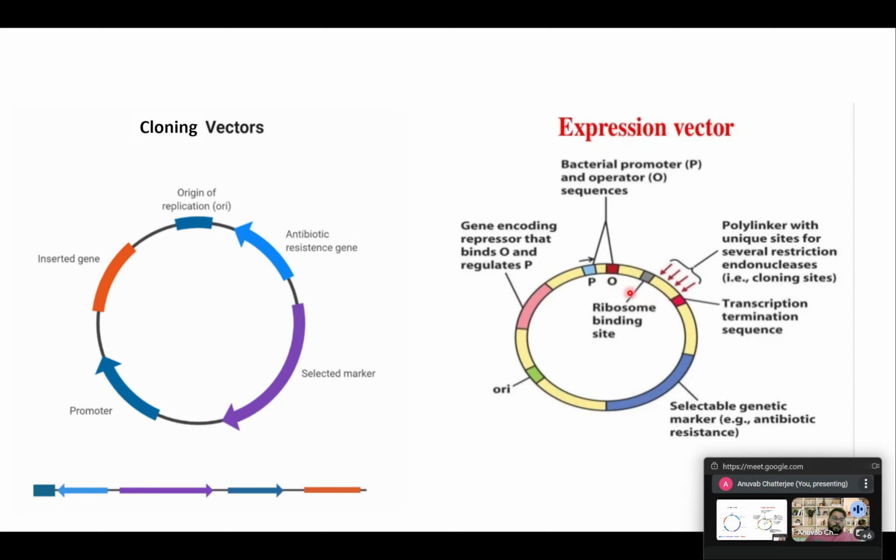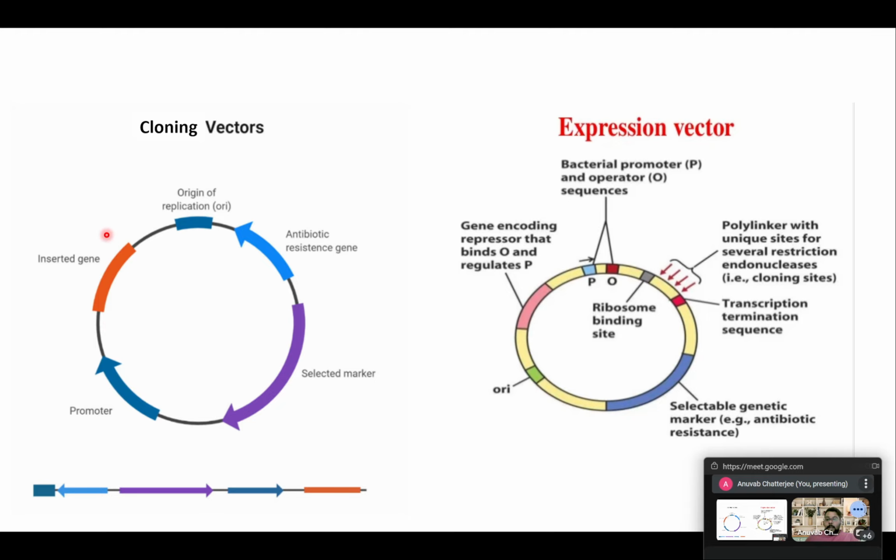Then, most importantly, you should have a ribosome binding site. In bacterial systems, this is the Shine-Dalgarno sequence, where the ribosome will come and sit and then start translating your mRNA.